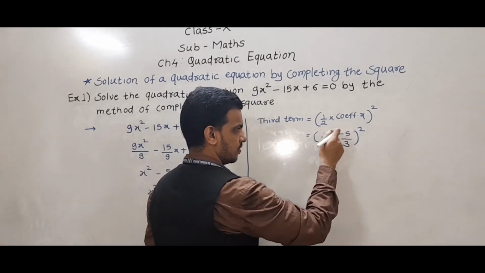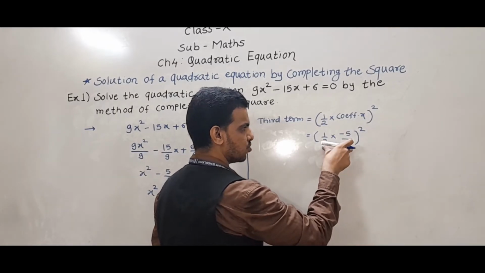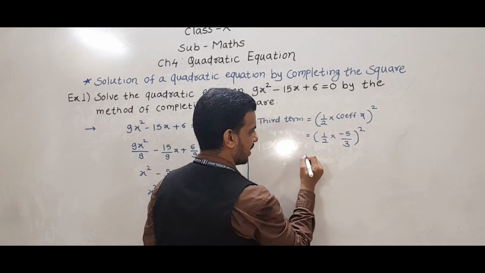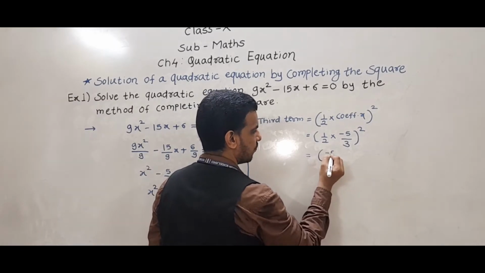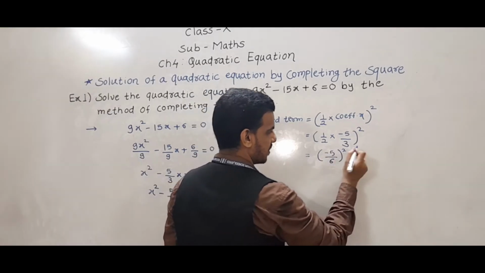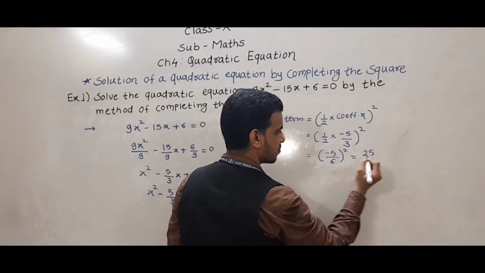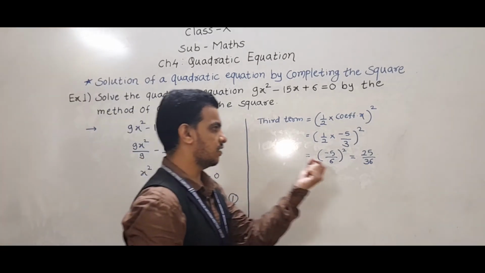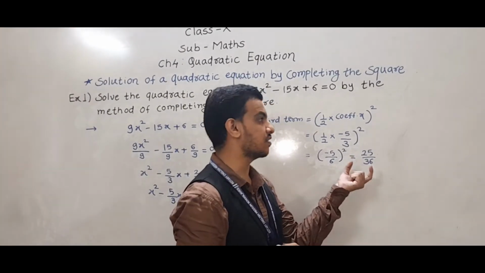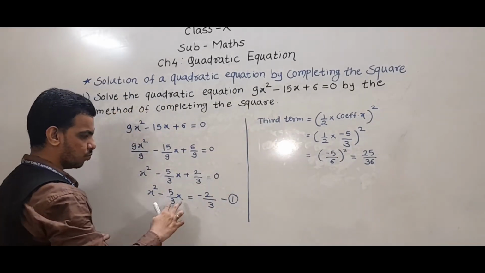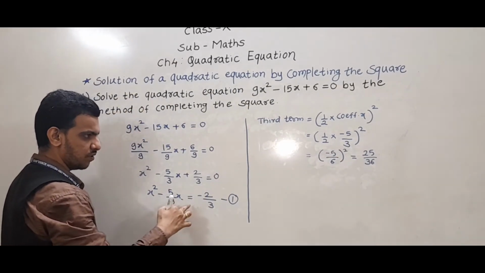If it is reducible, then reduce it and then take the square. Here we cannot reduce, so directly it is minus 5 by 6 square. That is minus 5 square is 25 and 6 square is 36. This 25 by 36 is the third term. Now this third term we have to add to both sides of equation number 1.